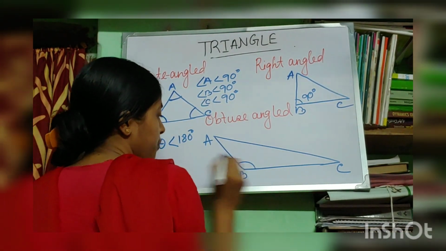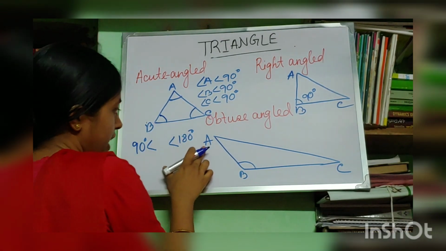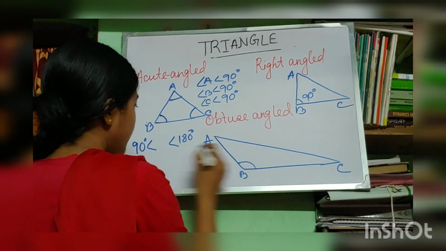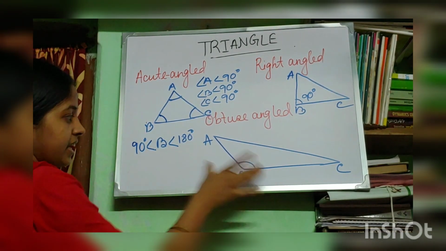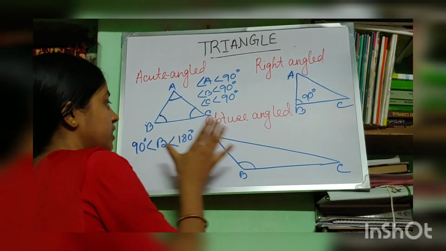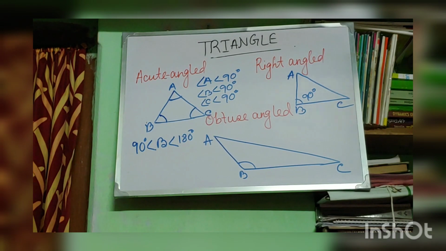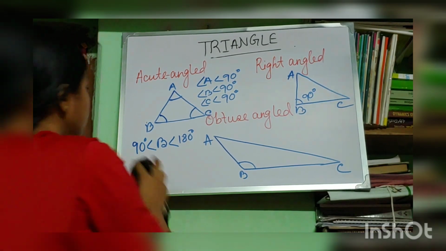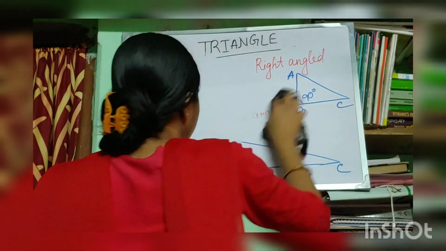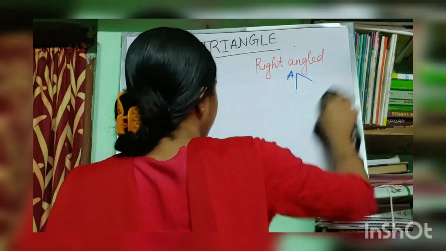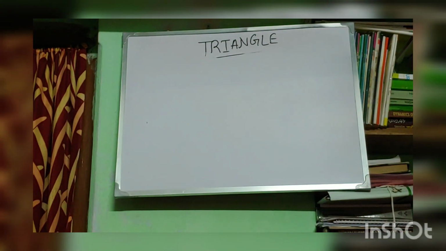So I have drawn a triangle here ABC whose angle B is greater than 90 and less than 180. That means angle B is an obtuse angle. So that's why I will call it an obtuse angle triangle. I hope you have understood what is acute angle triangle, what is obtuse angle triangle, and what is right angle triangle.